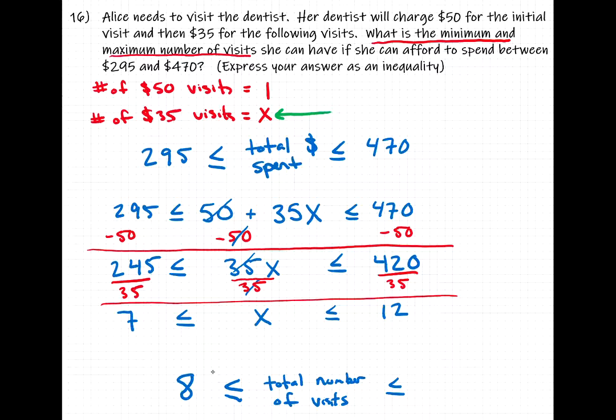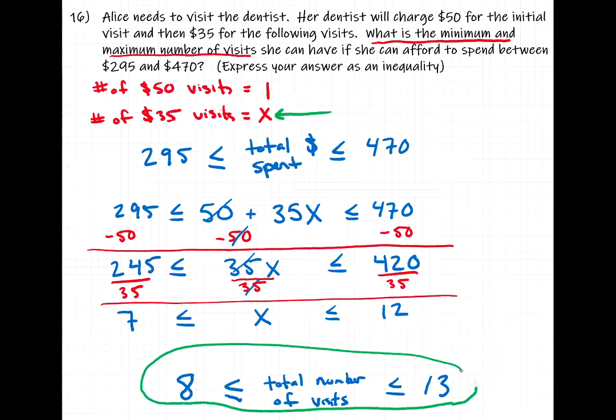The first initial visit for $50, and then 7 more visits at $35 a piece. And if she pays $35 12 times, then there's a total of 13 visits. The 12 additional follow-up visits plus the first initial visit. So it looks like Alice could go somewhere between 8 and 13 times.